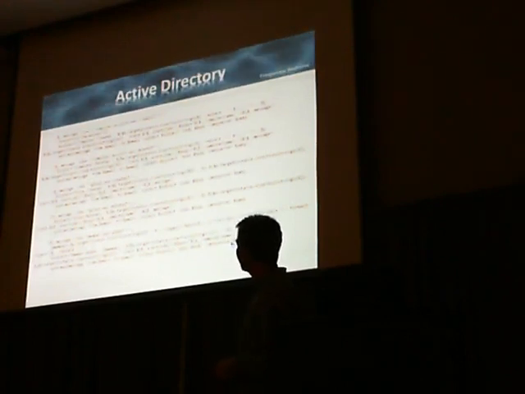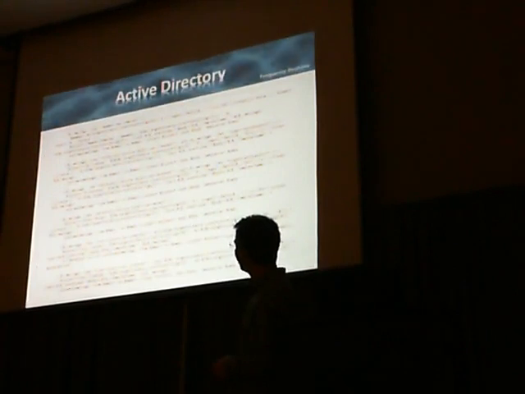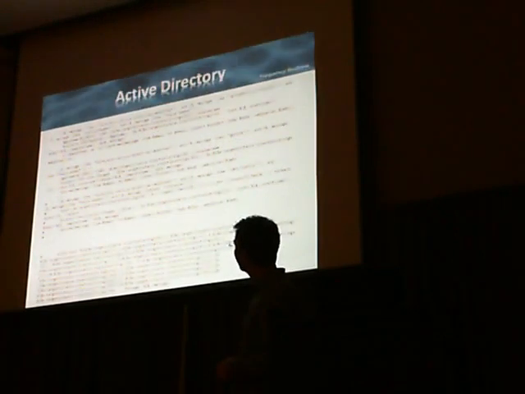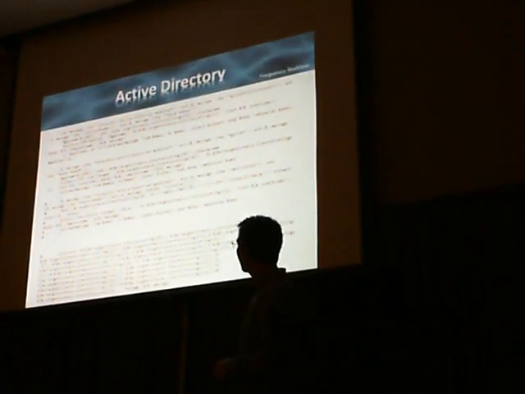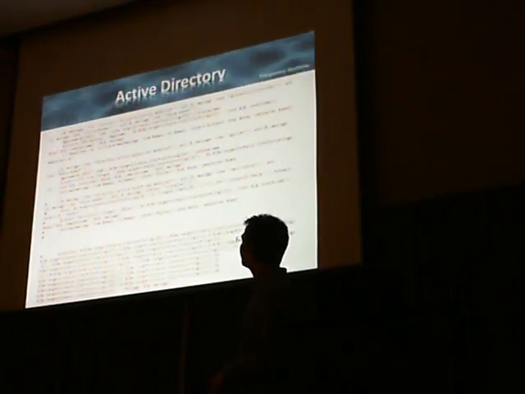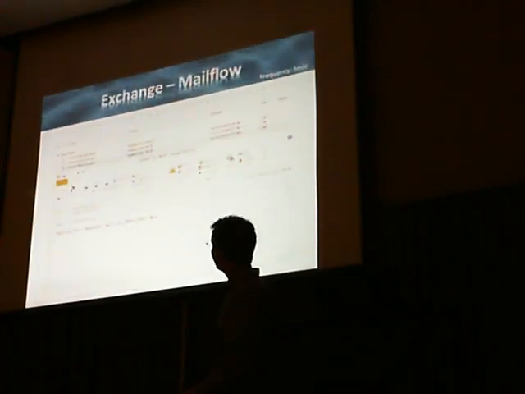Groups created, deleted, members added, OUs created, deleted, object moved, user enabled, disabled, password resets, GPO created, deleted, GPO link changed. And some of this is commented out. It's for troubleshooting and watching, adding additional events. But this is an example of something that we use for Active Directory.